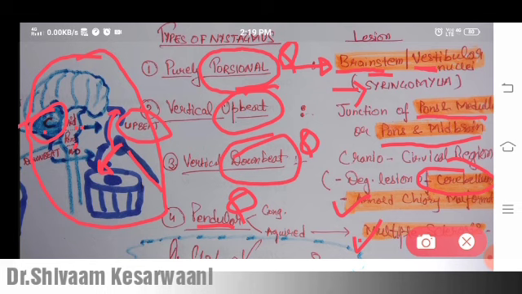Now how to differentiate vestibular or peripheral nystagmus from the central. So we will discuss it in points. In any peripheral lesion there will be latency. That means latency of around 2 to 20 seconds of nystagmus latency will be there.